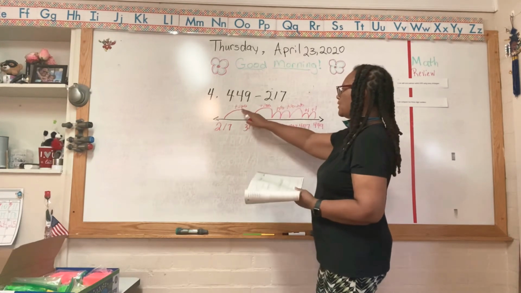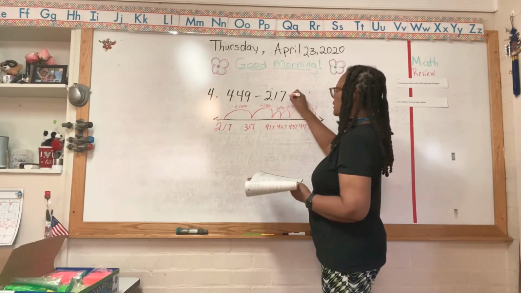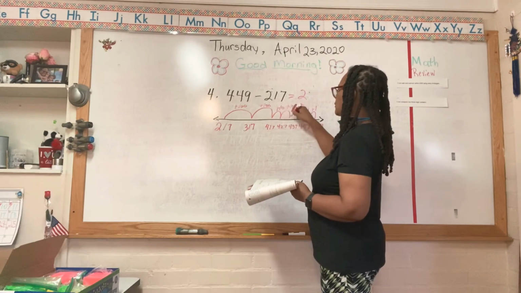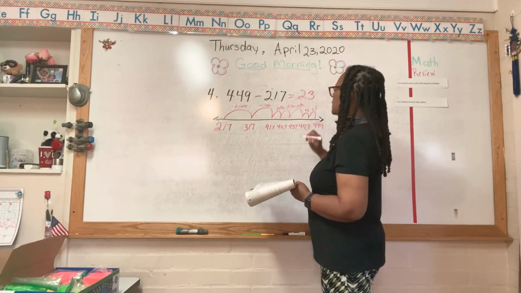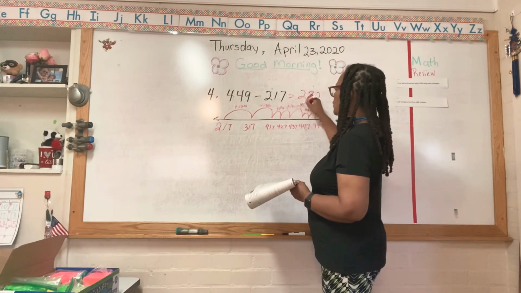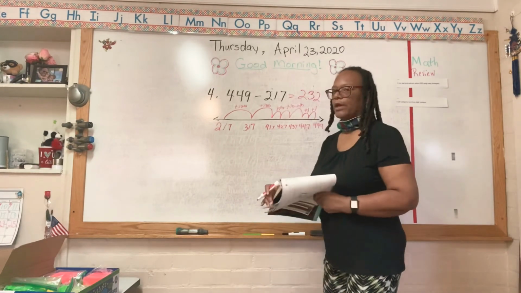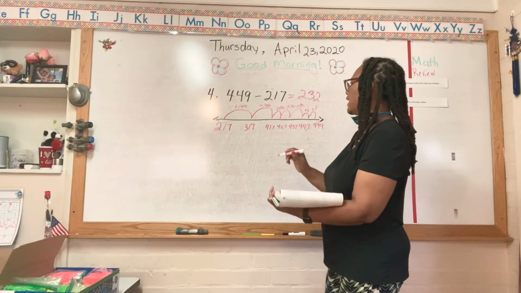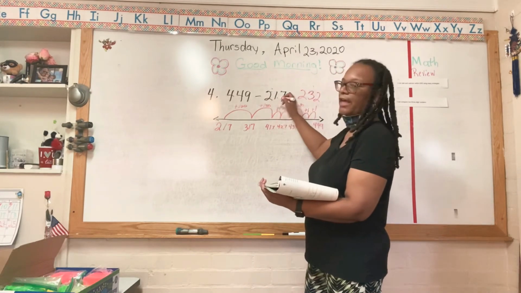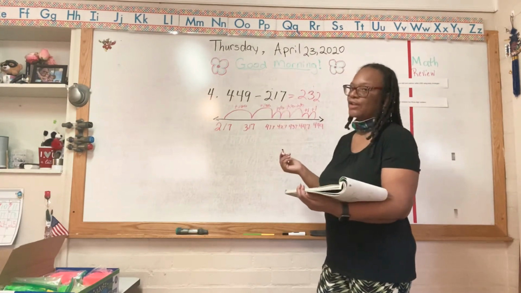So let's find out how much that is. 100 plus 100 is 200 plus 10, 20, 30. 3 in the tens place plus these 2 ones. 232. Well, I can check that just to make sure. If I add these two together, I'll see if they add up to this, then I'll know my answer is right.